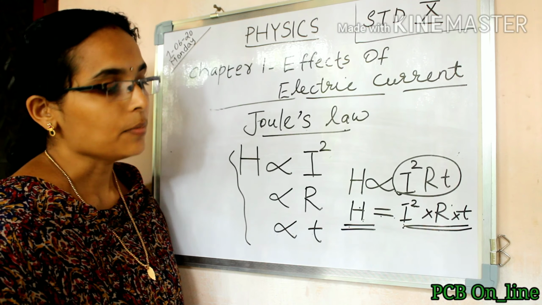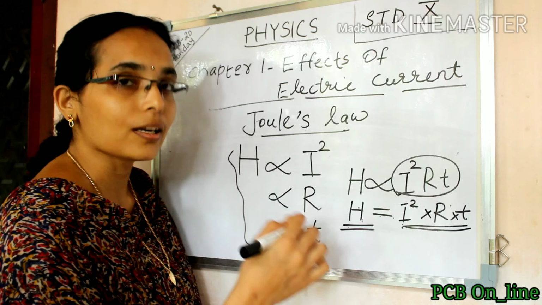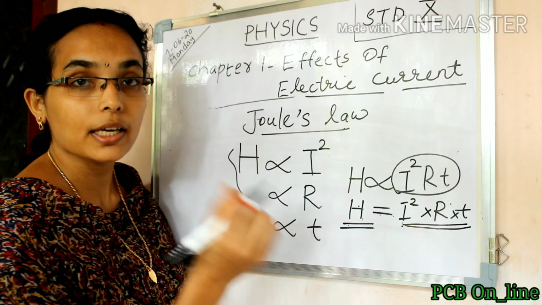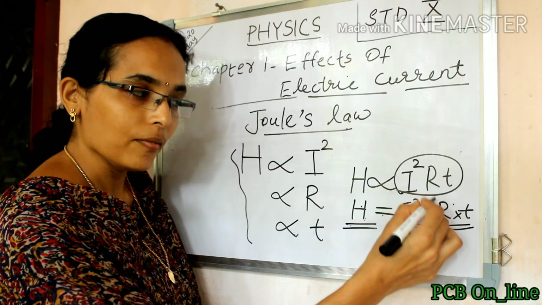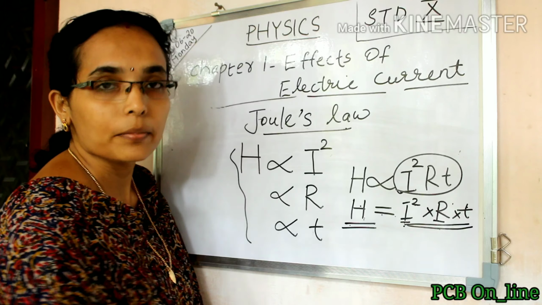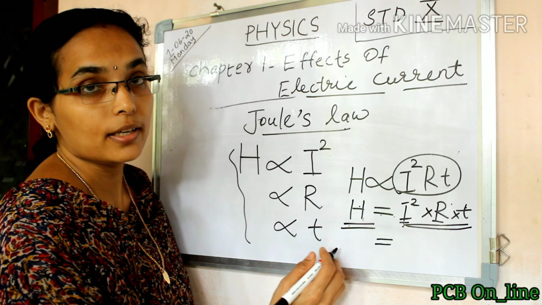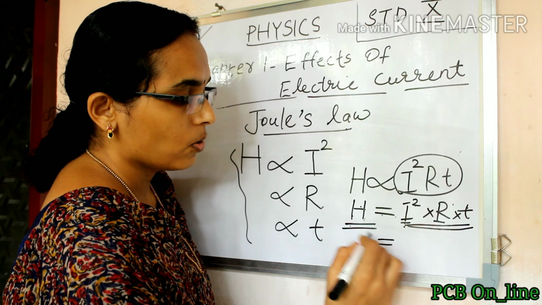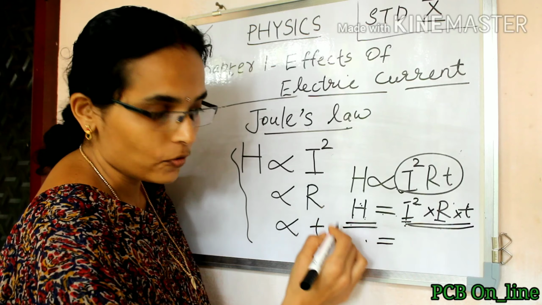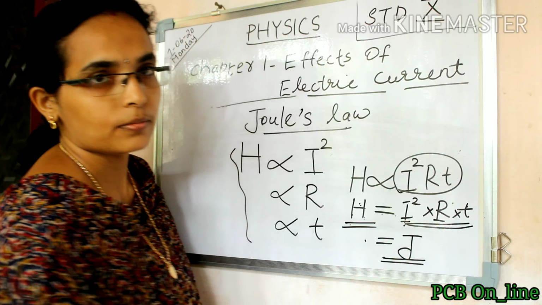That means by using this equation, we can calculate how much heat energy is produced in a conductor by passing a current I having a resistance R for a time t. We know that the unit of energy is joule, and since heat is another form of energy, its unit is also joules.